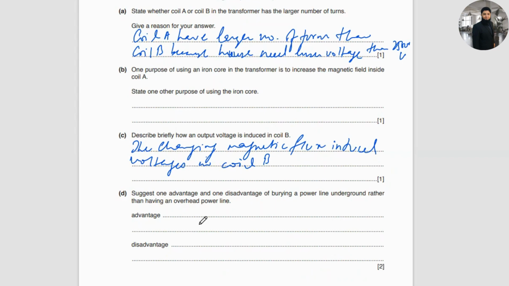So advantage is if we bury the power line in the ground, there is less chance for the power line to be damaged by storm, right? सेव हो जाएगा आंधी तूफान इन सब चीजों से. और डिसएडवांटेज क्या है कि इसकी जो मेंटेनेंस होगी that will be difficult, right? तो ये दो पॉइंट से सिंपल, एक एडवांटेज का पॉइंट है आपको मिलेगा, एक डिसएडवांटेज का मिलेगा. तो difficulty of maintenance is a disadvantage, and less likely to be damaged by storm is the advantage.